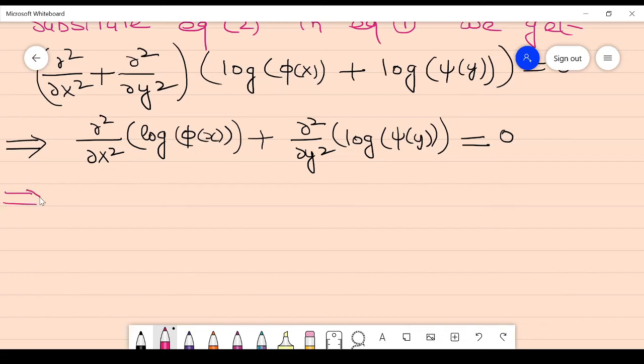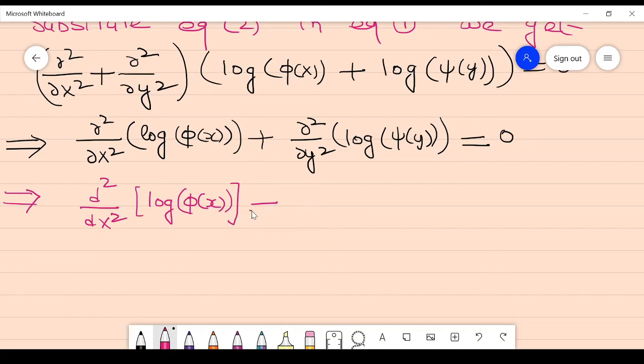Now it implies, first I am taking the first derivative, then the second derivative. This can be written as d square by dx square into log of φ(x). Why do I write d by dx?